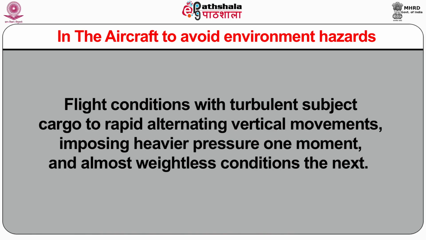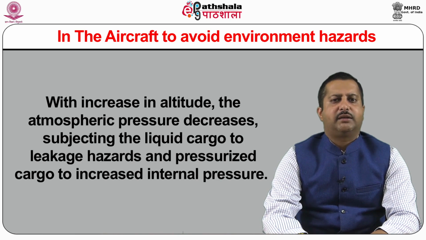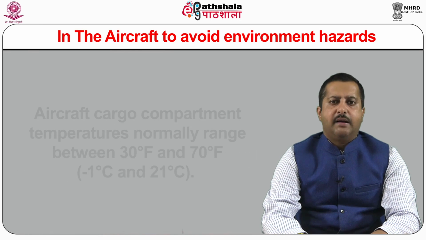Turbulent flight conditions subject cargo to rapid alternating vertical movements, imposing heavier pressure one moment and an almost weightless condition the next. With an increase in altitude, the atmospheric pressure decreases, subjecting liquid cargo to leakage hazards and pressurized cargo to increased internal pressure.